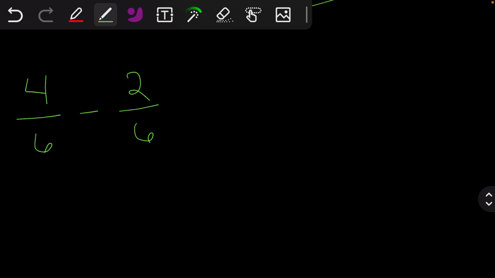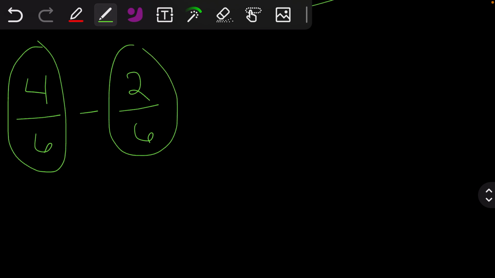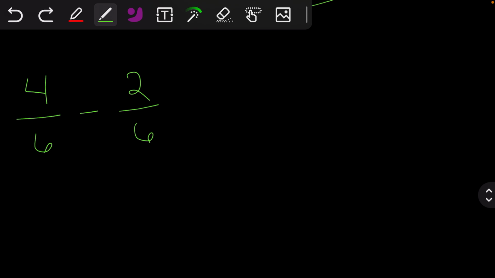The first thing that we want to do is check to see if each fraction is cut up into the same amount of pieces. And for this example, we do have both fractions being cut up in the same amount of pieces. So that makes this a lot easier. We don't have to manipulate this at all.